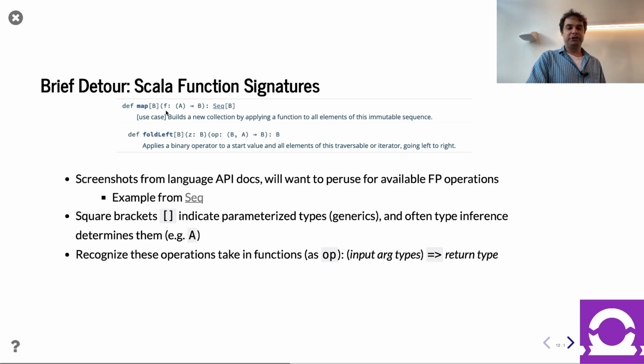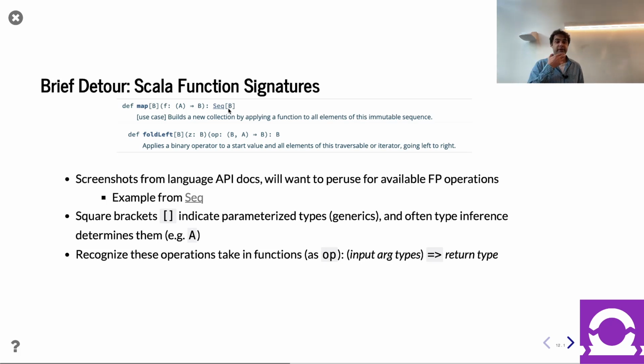So this is saying, hey, I want a function that takes an input of type A and produces an output of type B, right? So notice how this is kind of removed from its context, but the result of map is a sequence of type B. The original sequence was of type A, right? So potentially this function is changing types. A and B can be different, they can be the same.